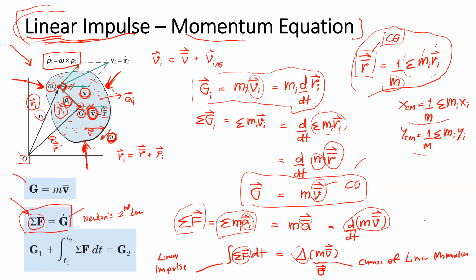So the summary is here. The vector G, the linear momentum of the rigid body, is equal to the mass of the rigid body multiplied by the v bar vector.